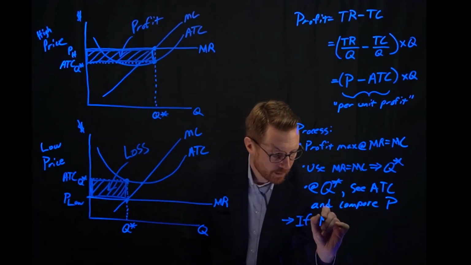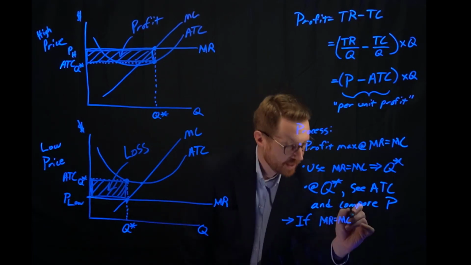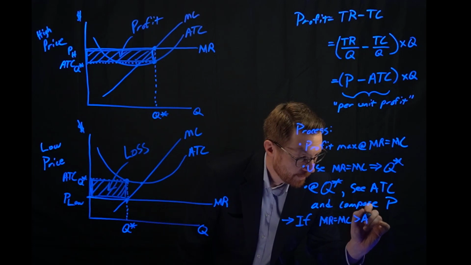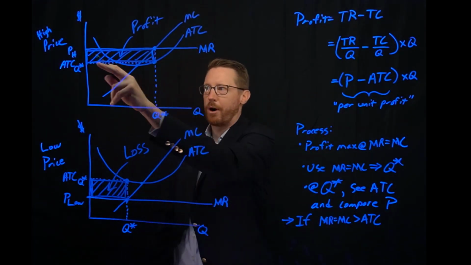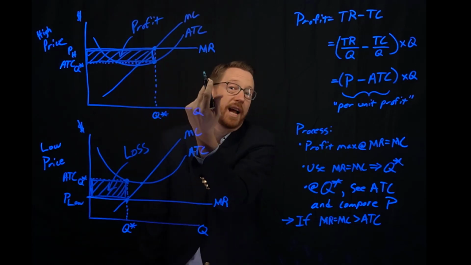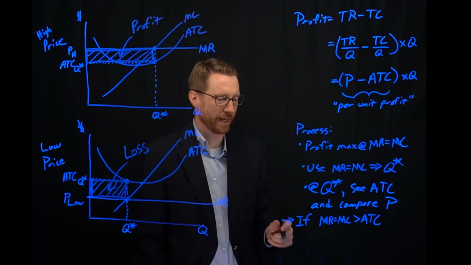So if marginal revenue equals marginal cost, and that's greater than average total cost, right? Marginal revenue is really what we're focused on here. We just set it equal to marginal cost to keep beating that into our brains.